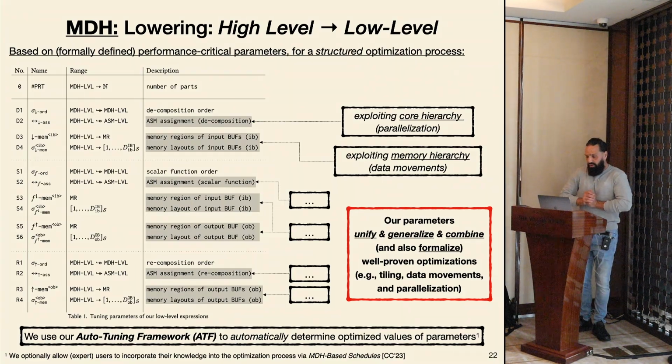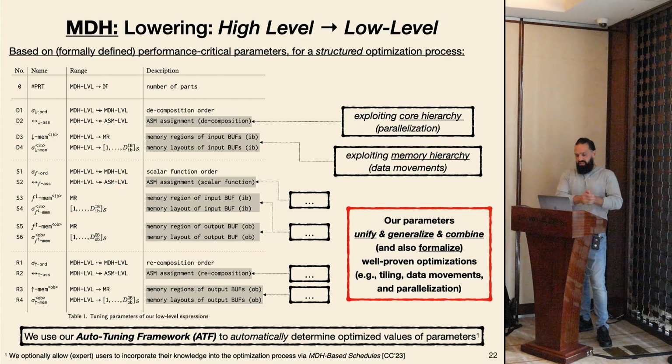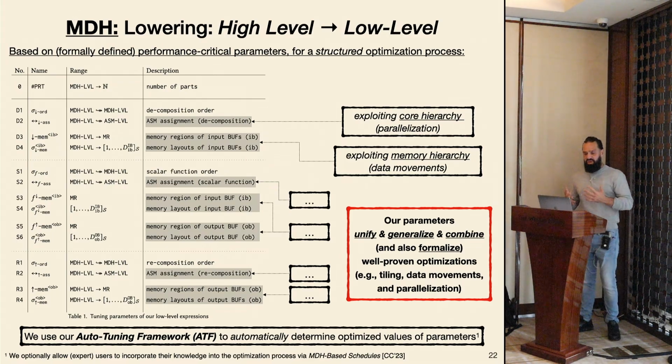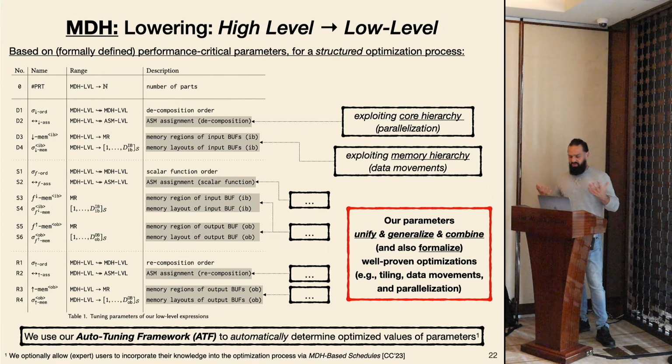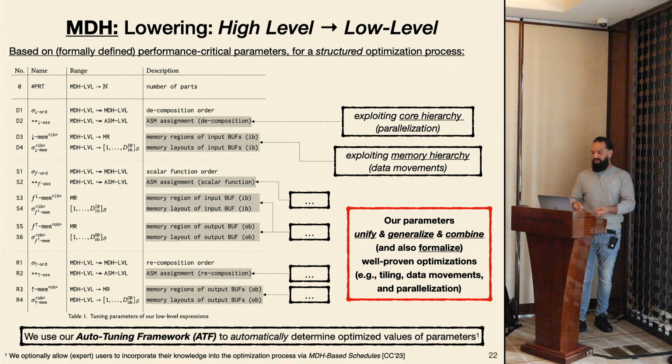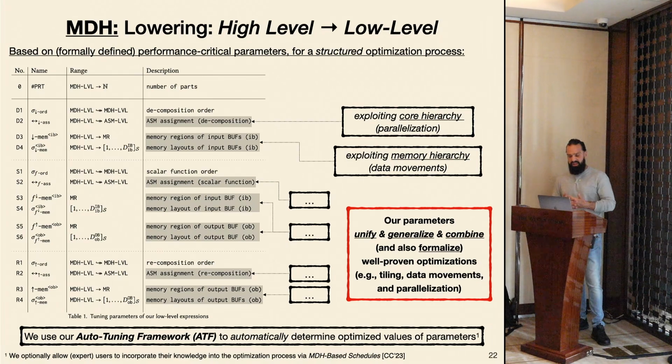Now regarding our lowering process from a high-level instance to a low-level instance, this is based on formally defined performance-critical parameters. Our parameters don't aim to introduce some kind of new fancy optimization, but they aim to unify, generalize, combine, and formalize well-proven optimizations, particularly regarding tiling, data movement, and parallelization. What these parameters determine is the shape of our low-level instances.